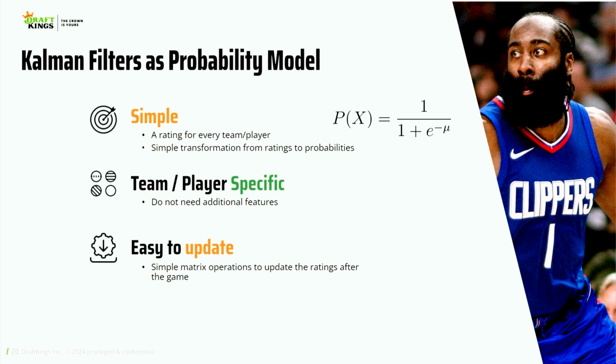Obviously, the Kalman filter is already team and player specific, which means it is perfect for our use case to generate a player model. Finally, it is very easy to update. After the game, we just need to do some simple matrix transformation, and then we will have the ratings ready for the next game.